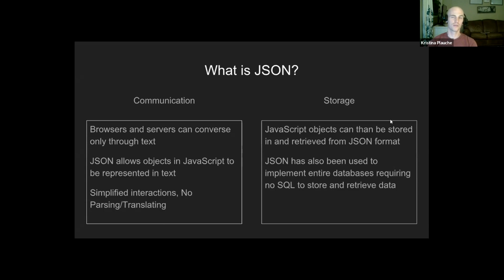You can also use it as storage. There are NoSQL databases that are built entirely on this concept, where your database is nothing but a very long text file, pretty much, built off of a JavaScript object.